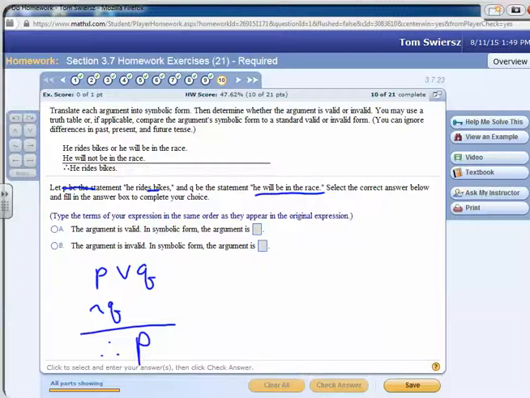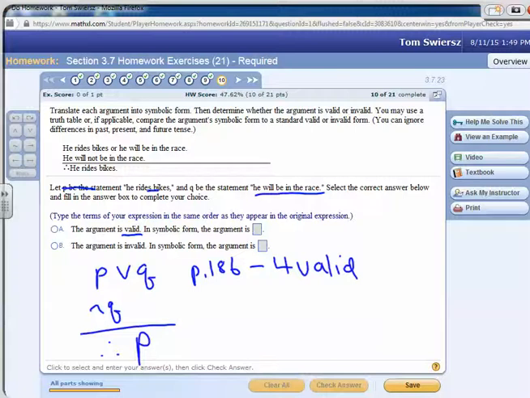Now, the argument is valid because on page 186, it matches one of the 4 valid forms: disjunctive reasoning. On page 186, one of the forms is if you've got one or the other and you have the negation of one of these, then you can definitely conclude the other one is true.